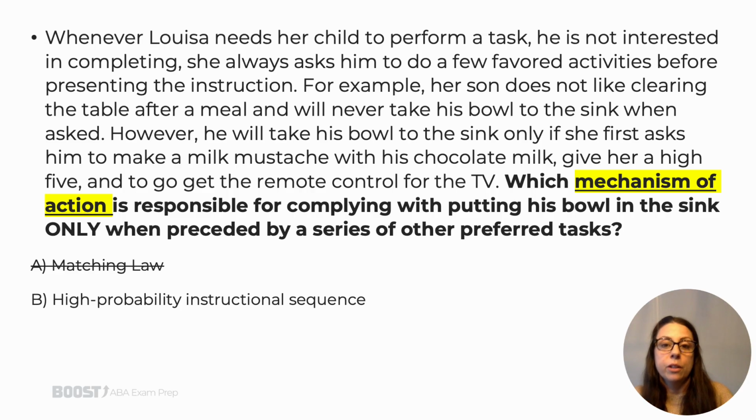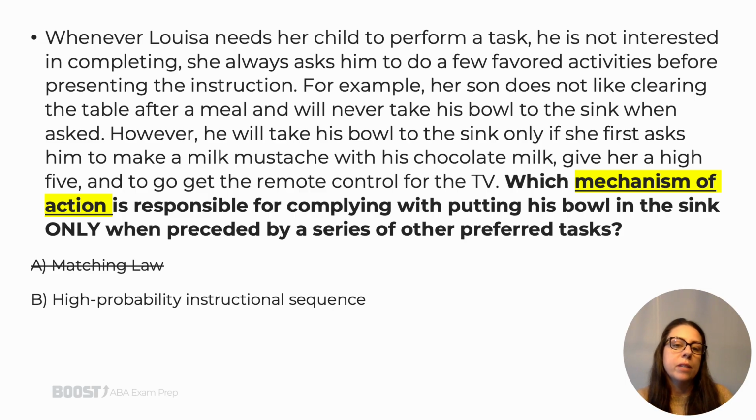So that was a quick little visual to demonstrate the high P instructional sequence in relation to this specific question, because this is definitely an example of using the high probability instructional sequence. But this is where it gets a little tricky, because the question is specifically asking about why or how it works, not necessarily about what's being done.